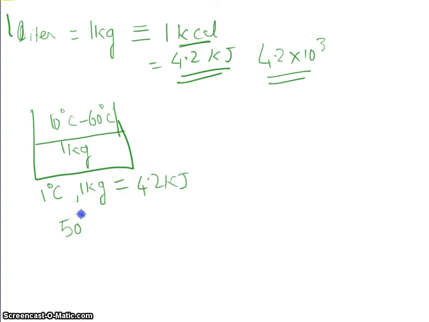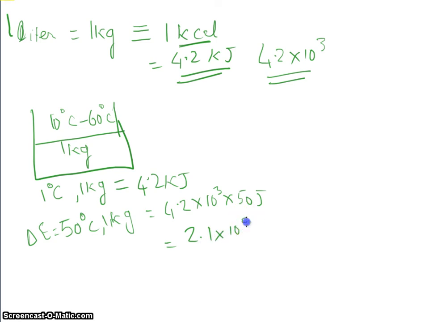So for 50 degrees Celsius, for 1 kg water, I have to give 4.2 into 10 power 3 into 50 joules, and that's about 2.1 into 10 power 5 joules.